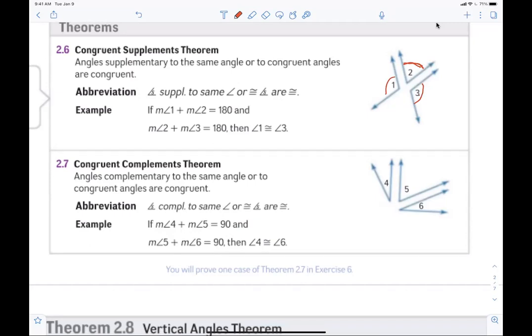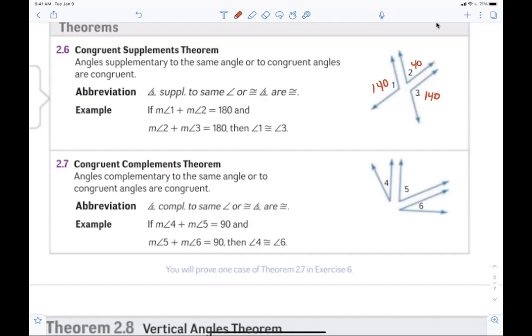Now, again, to me, that was kind of obvious. Sometimes it's not as obvious because it's hard to visualize. So what I do is I say, okay, let's say angle 1 is 140 degrees, then what would angle 2 be? 40. And if angle 2 is 40 and it's supplementary to angle 3, then angle 3 would have to be what? And so what's true about angle 1 and angle 3? Does everybody see that?